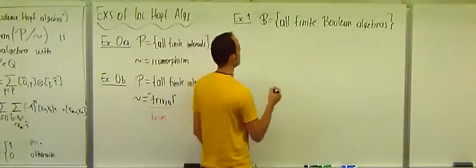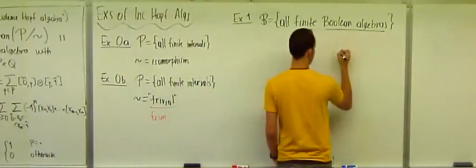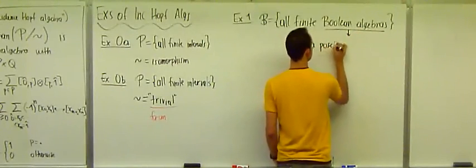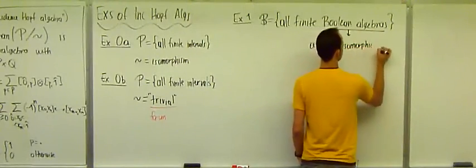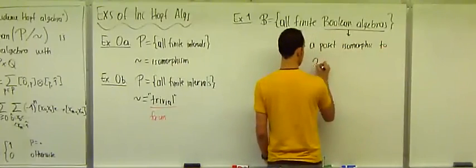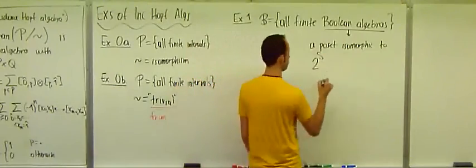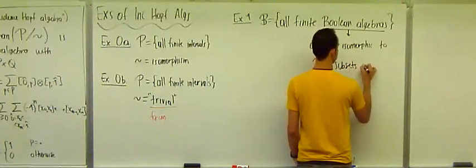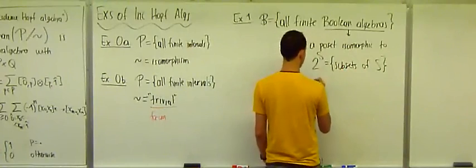So a Boolean algebra, by definition, is a poset isomorphic to the poset 2 to the S, the poset of subsets of a set S under containment.